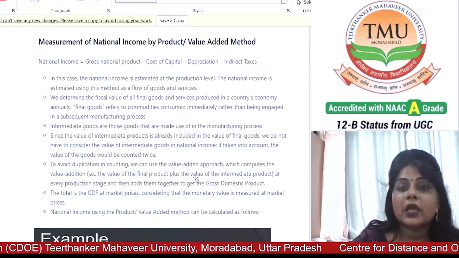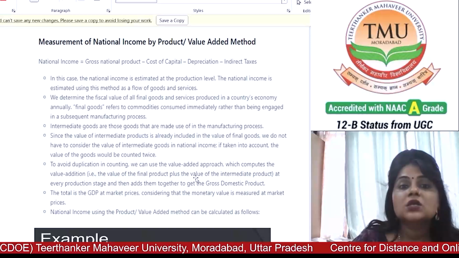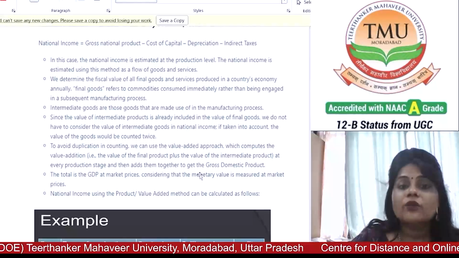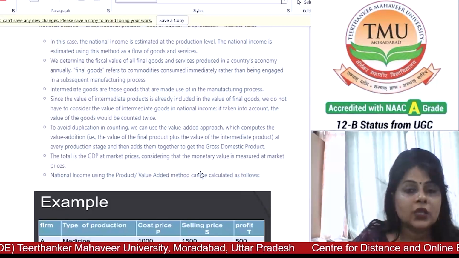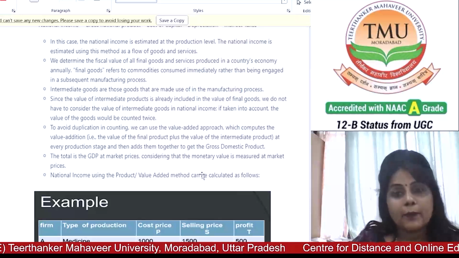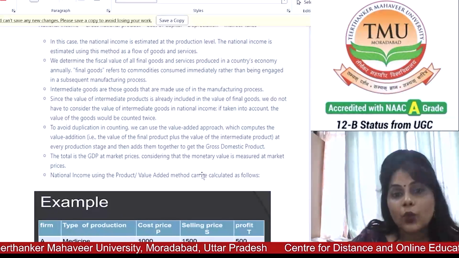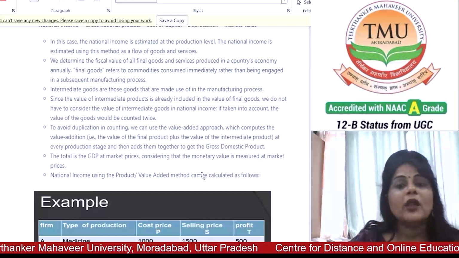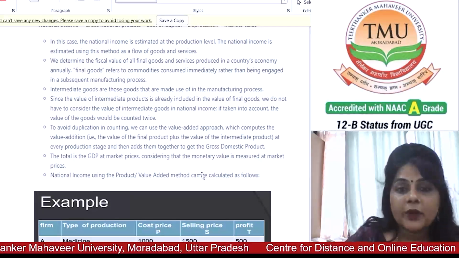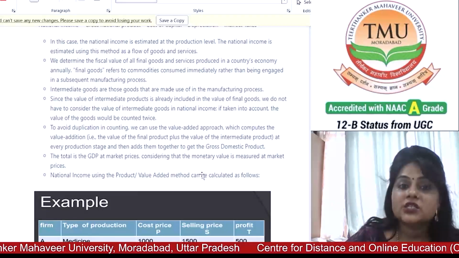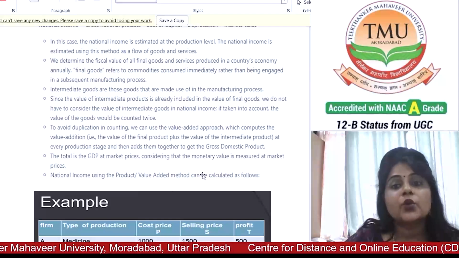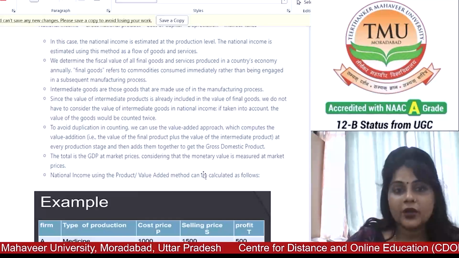If taken into account, the value of goods would be counted twice. To avoid duplication in counting, we can use the value added approach, which computes the value of final product minus the value of intermediate product at each stage and then adds them together to get the gross domestic product.